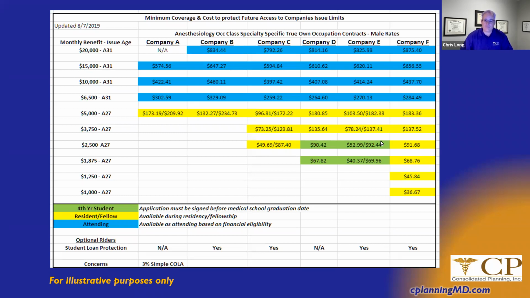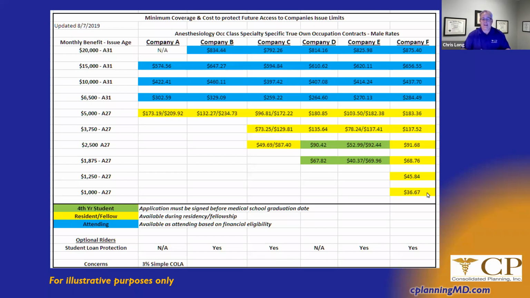Other companies, their threshold is 75% of what you're eligible for. So as a resident, you're automatically eligible for 5,000. So you'd have to get $3,750 of monthly benefit before those companies would put that rider on the contract that lets you increase in the future.